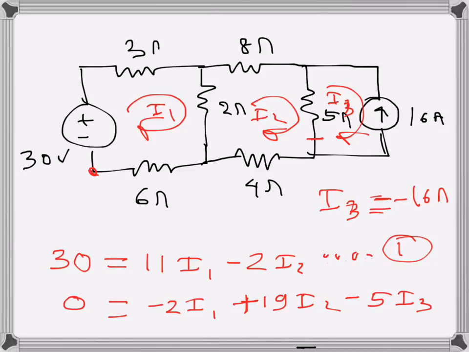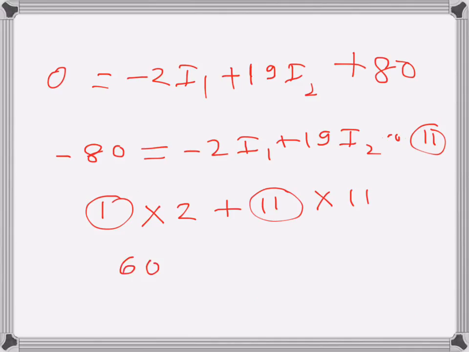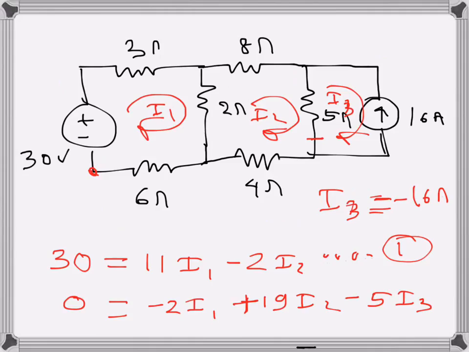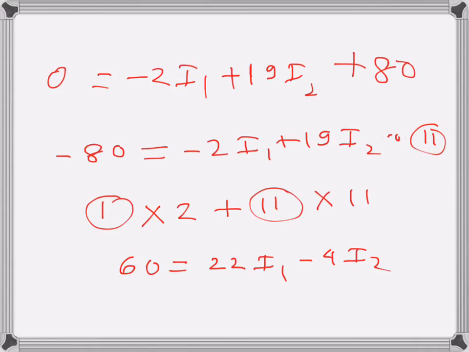When equation 1 is multiplied by 2, it will be 60 equals 22 I1 minus 4 I2, because that was 2 here. When equation 2 is multiplied by 11, that will become minus 880 equals minus 22 I1, and this one will become 19 times 11, which is 209 I2.